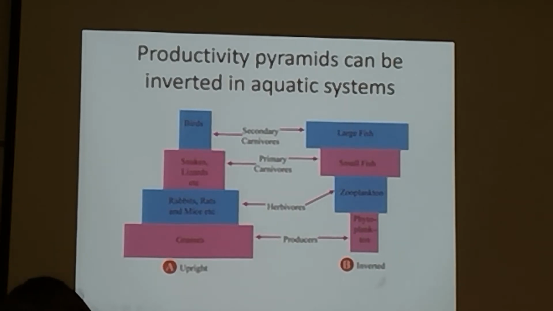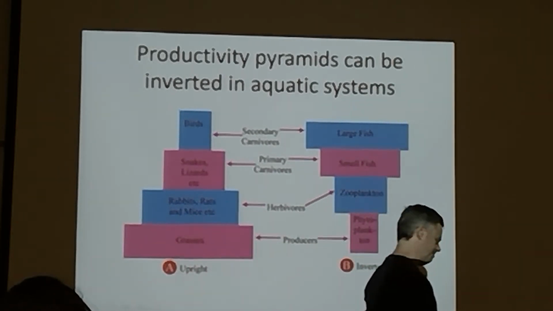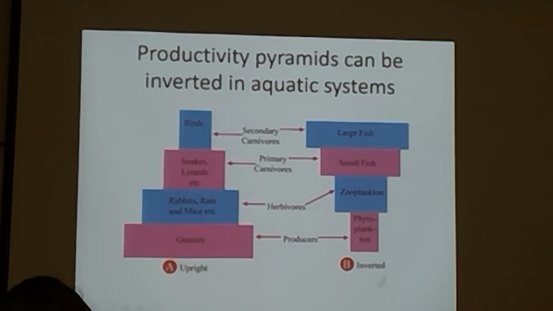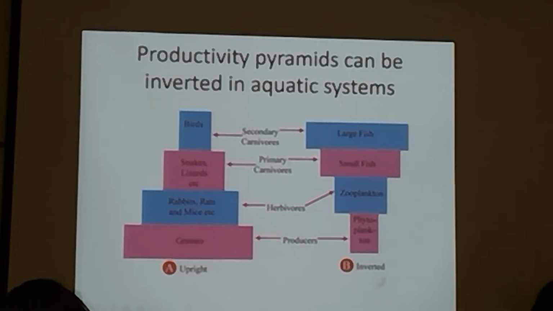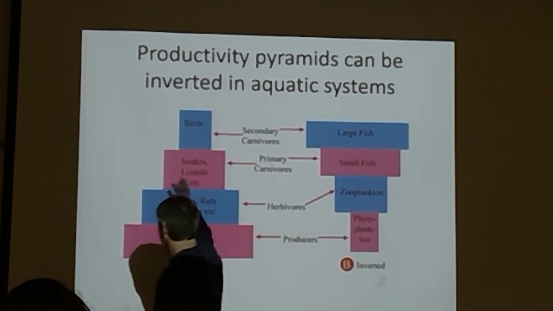So the quick and dirty answer, the way people actually do it, is if you look at something like a possum, which will eat berries, it'll eat leaves, but it'll also eat insects, so it's simultaneously on the 2nd and 3rd trophic levels.